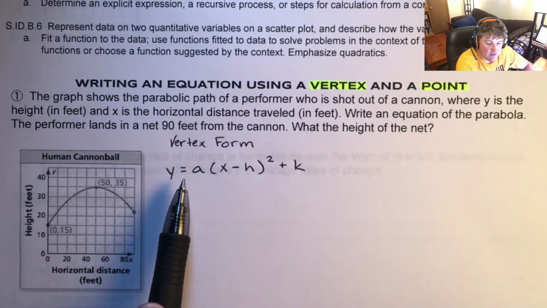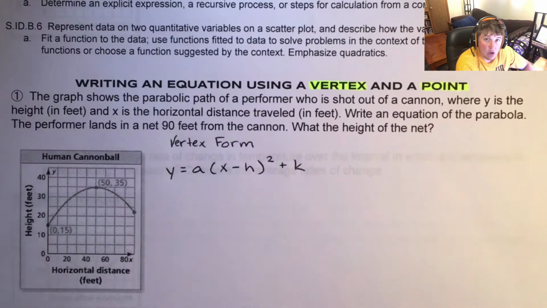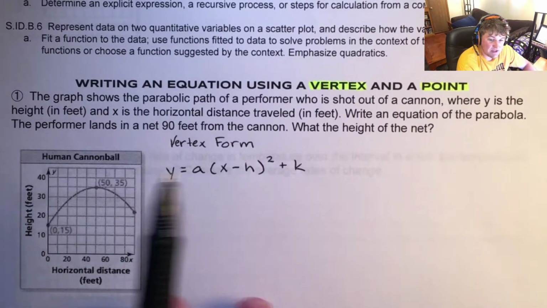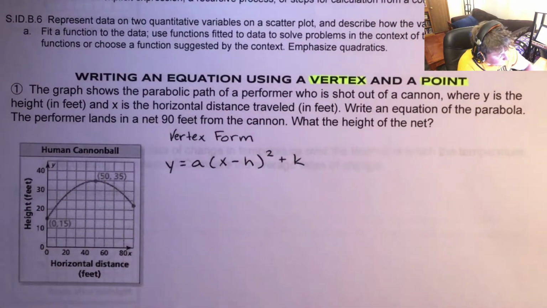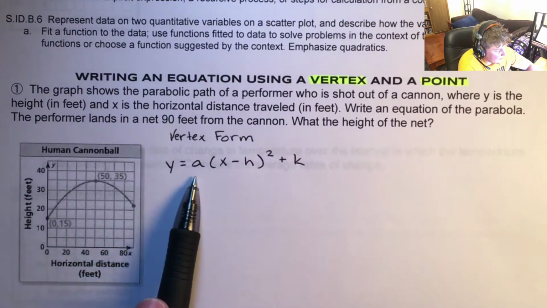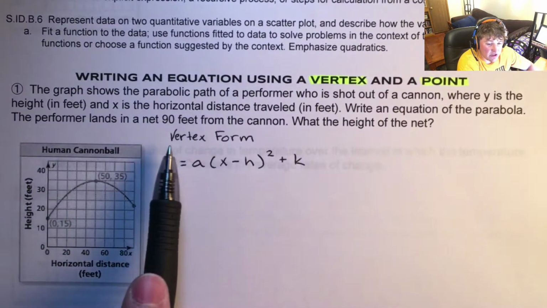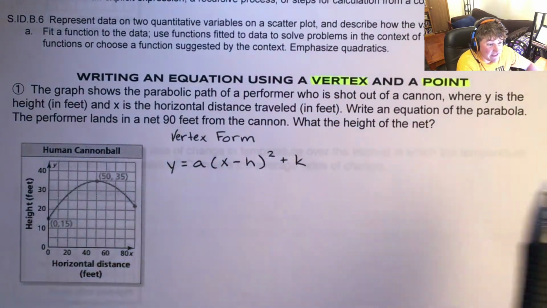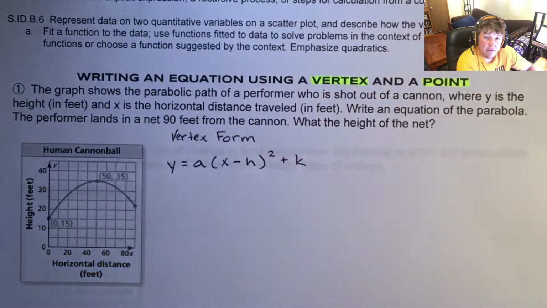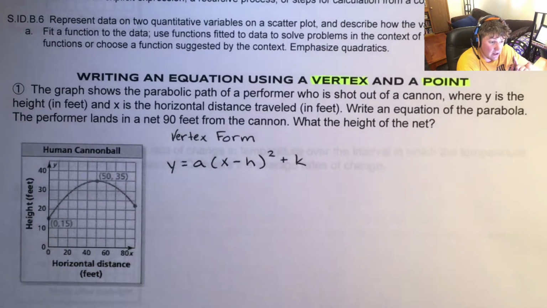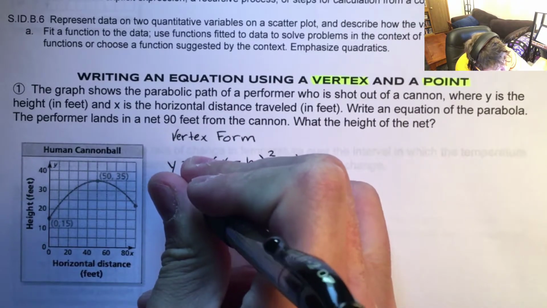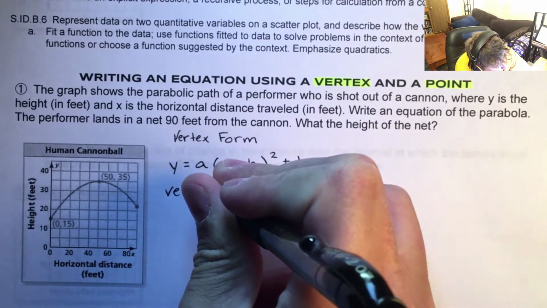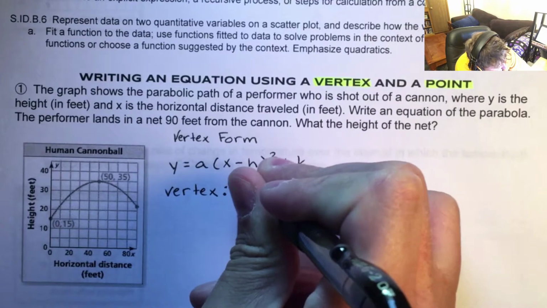So what we have to do is find a, h, and k. Once we have all of those, we're going to be able to assemble the parts together into this form and then have an equation. Let's go ahead and start. Since we know we have the vertex, that's the easiest part. If you recall from lesson 3.1, the vertex in vertex form is the ordered pair (h, k).